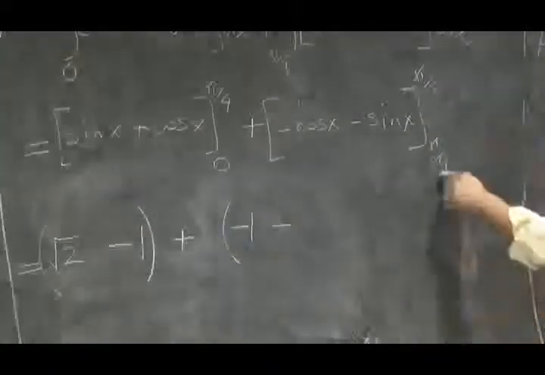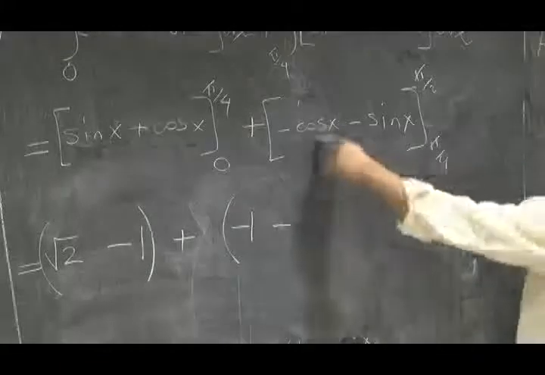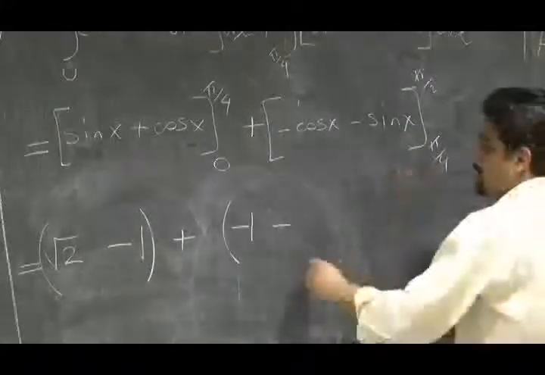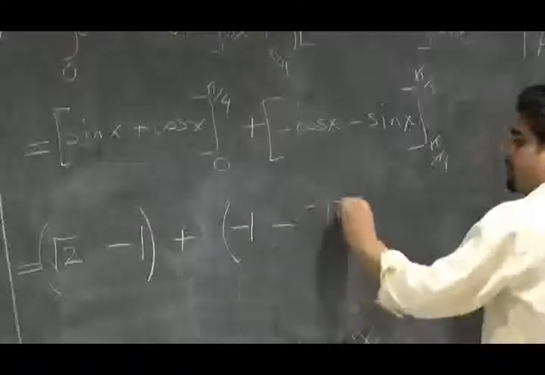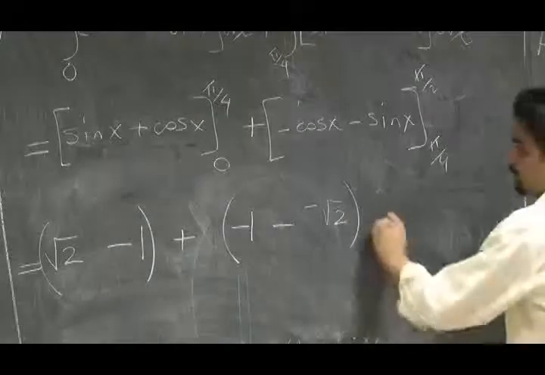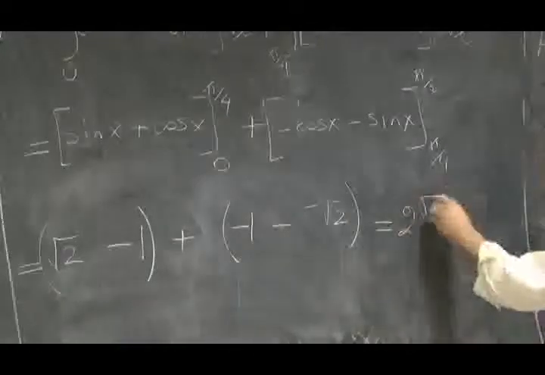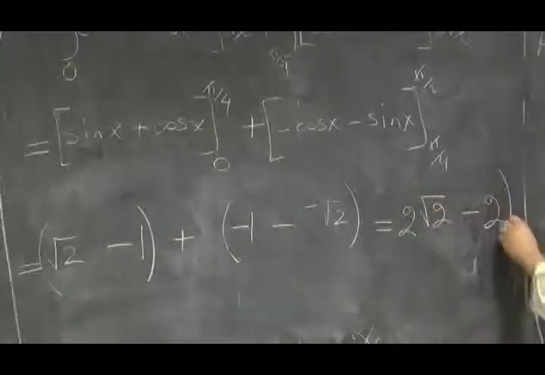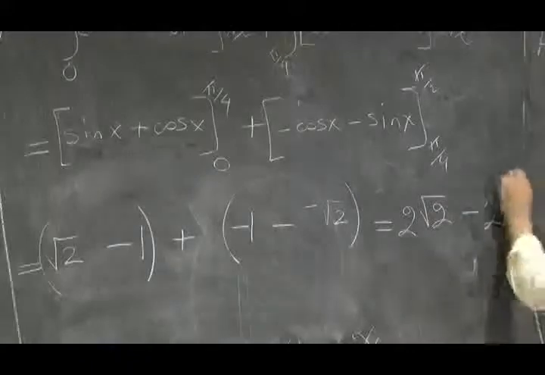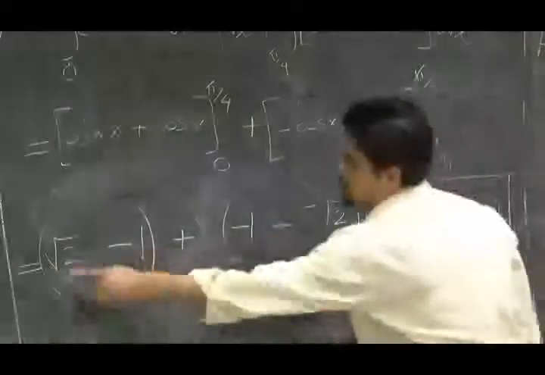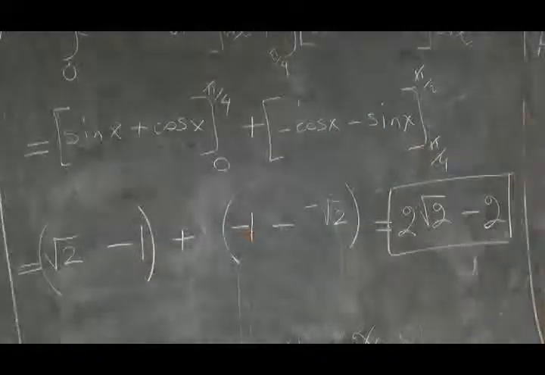Minus, if I plug in pi fourths, they're both half of square root 2, so they become negative square root 2. Okay? So then I would get 2 square root 2 minus 2 as the answer. See, you have 2 of these and 2 negative ones.